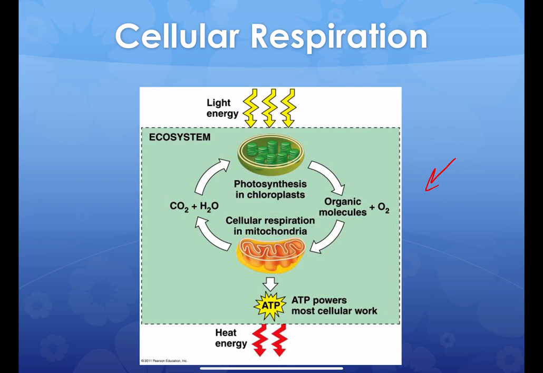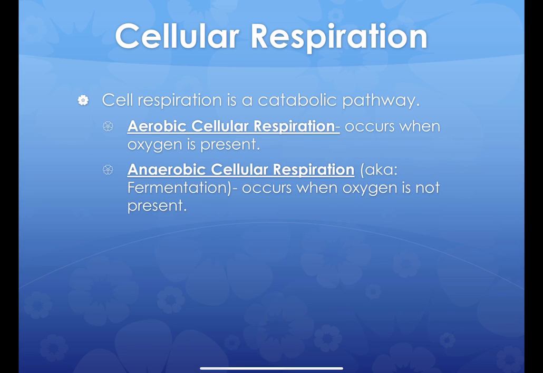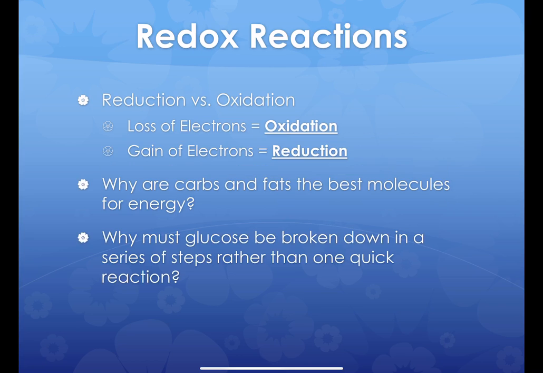That these processes are reversible, where they happen in the chloroplast and in the mitochondria, that energy is released in one and used in the other, and that energy can be converted into heat. You also need to understand the difference in aerobic and anaerobic respiration. Basically, at this point, just understanding it's with or without oxygen. And then finally, I want you to really understand oxidation and reduction, and that those are loss and gains.